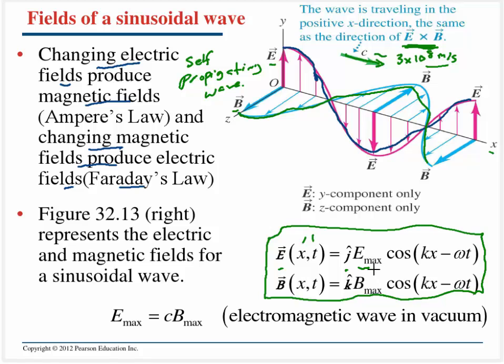It's got some maximum amplitude. It's got a cosine (kx minus omega t). Same with the magnetic field in the k-hat direction. One more thing that's going to relate these maximum amplitudes, a fairly important concept, is that the ratio of the electric field to the magnetic field must be equal to the speed of light.